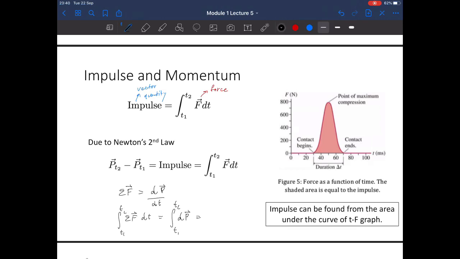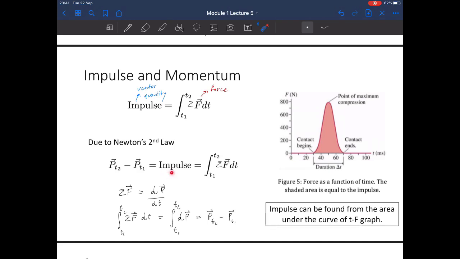So that would be p at t2 minus p at t1. Okay. So actually, if you want this equation to be precisely correct, then you need a sigma sign here as well, right?